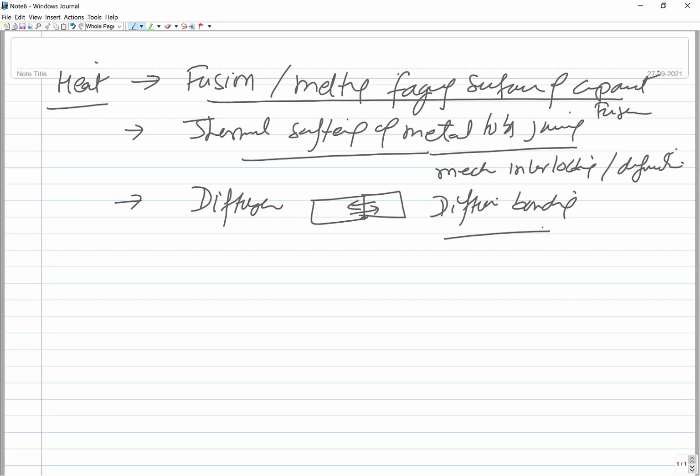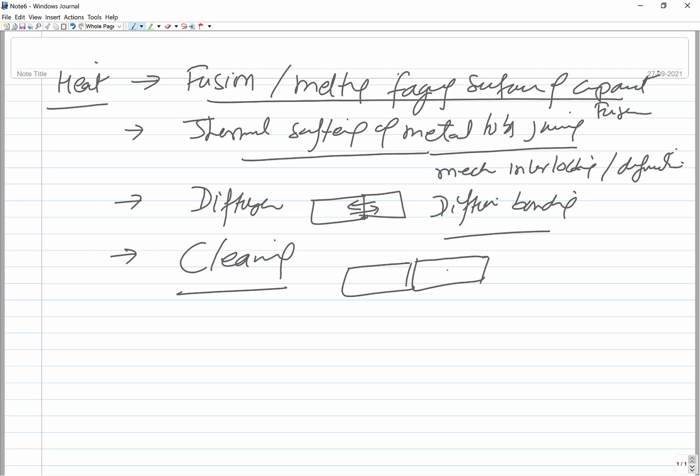The fourth purpose of applying heat in joining is to facilitate the cleaning. How is the cleaning facilitated? Say there are two components to be joined, you apply heat using a suitable source. It may be flame, arc, radiation, electrical resistance heating, frictional heating, a number of things.